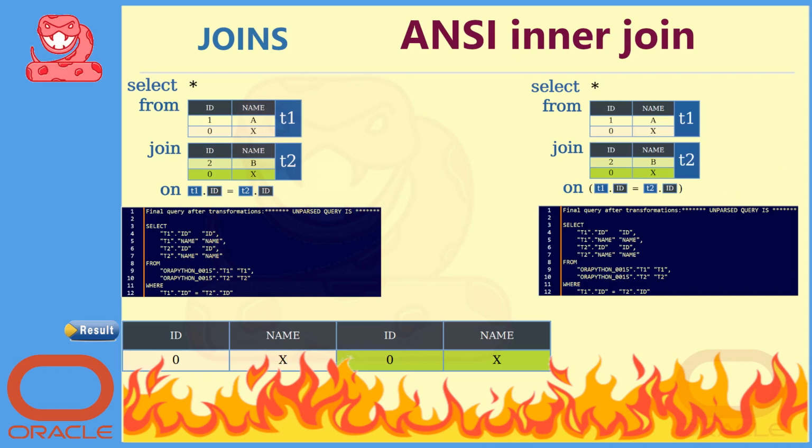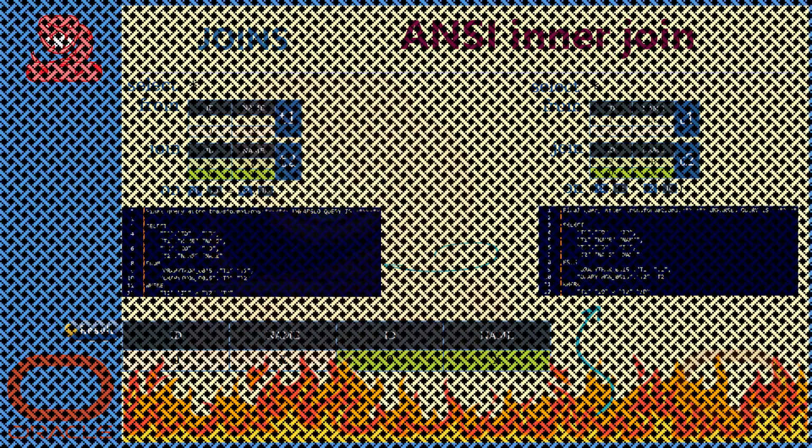Sometimes this improves the readability of the query, but ultimately, at the query parsing stage, Oracle will still transform ANSI syntax into the standard Oracle syntax and remove insignificant parentheses in the join predicate.